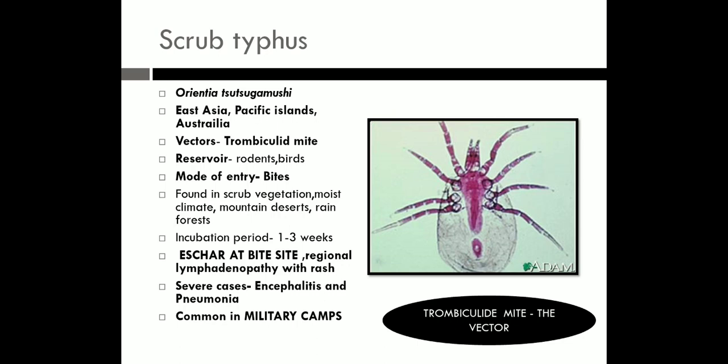Earlier, this particular genus Orientia was called Rickettsia tsutsugamushi, but currently, due to the cell wall composition and due to the genetic variation, this particular organism, Rickettsia tsutsugamushi, has been renamed as Orientia tsutsugamushi, and this particular organism causes the infection scrub typhus.